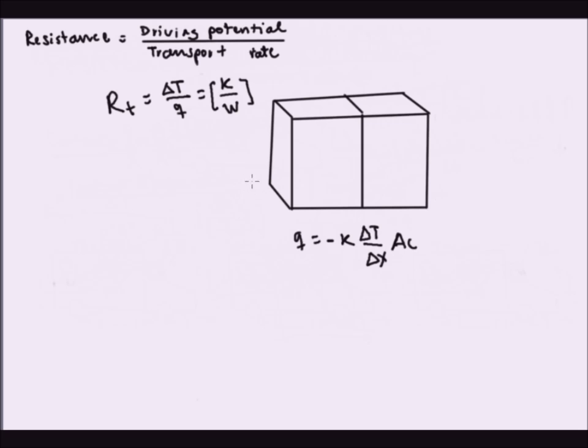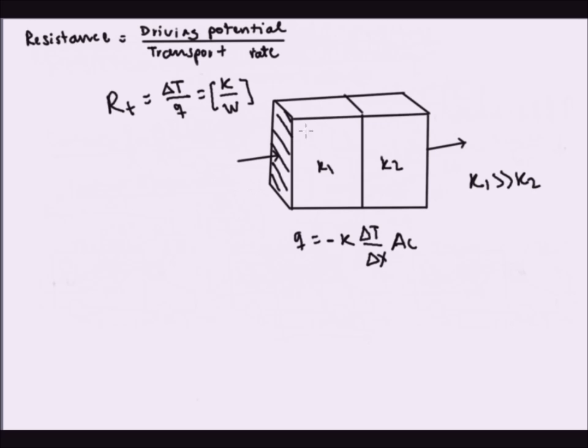Say in this case the heat was flowing in this direction and was coming out from here, like this. So the cross-sectional area is just the area of this wall, which is the same area as the one going through the second wall. Let me just label that the conductivities are different, and the conductivity of material 1 is much higher than the conductivity of material 2.